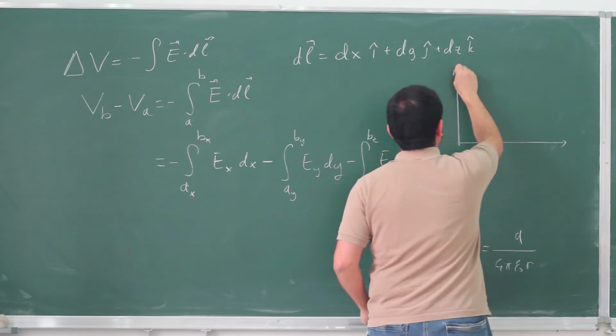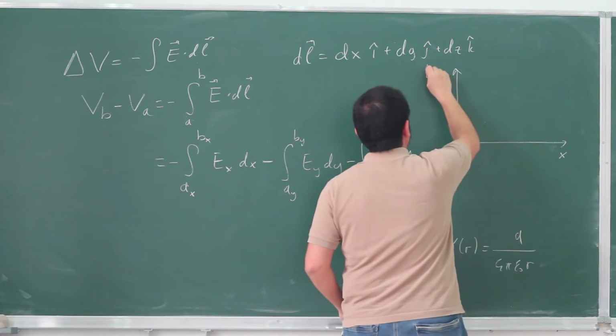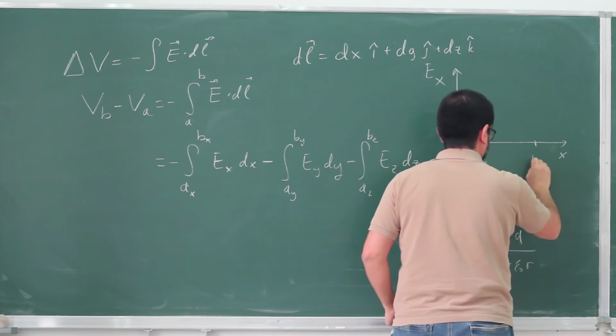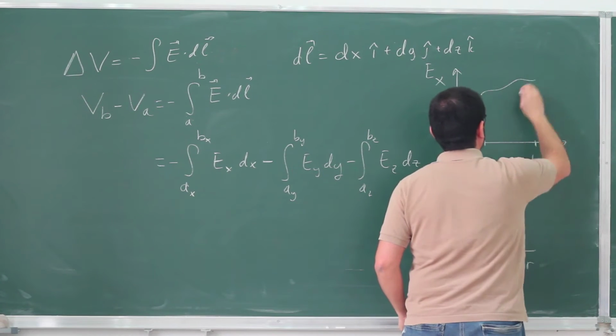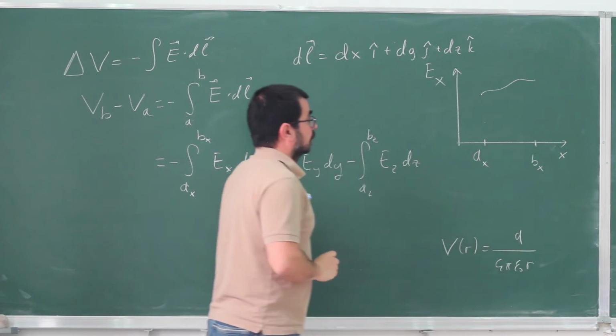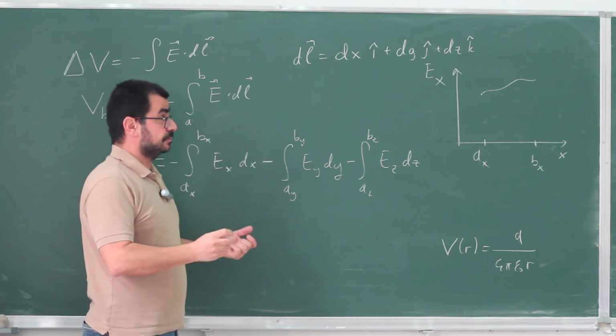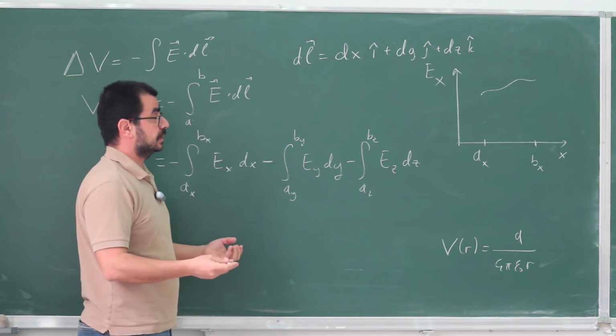If I plot this, let's say this is dx, and I'm going to have some positive value for the x component of the electric field. Okay, so this is the simplest case. This is where nobody has any confusion.